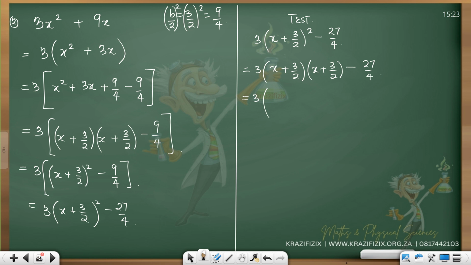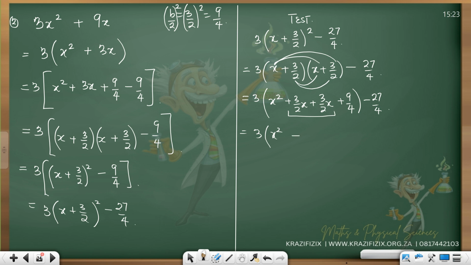Okay, so we have 3 x times x, x squared. 3 over 2x, 3 over 2x. What would that give us? 9 over 4. We are getting there. It's coming out. I already see. Now, these are like terms. 3 over 2 plus 3 over 2 would give us 3. Plus 9 over 4.